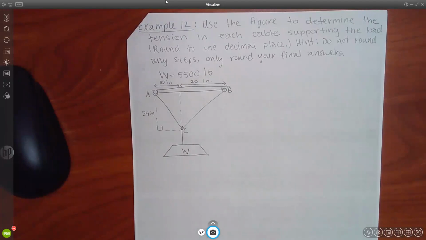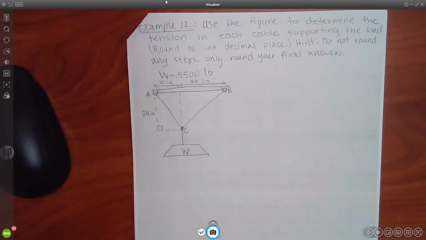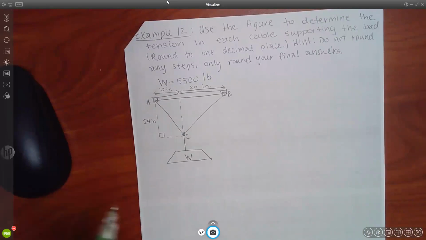Okay. So for example 12, this one I am going to try my hardest to break it down and explain it so that you can see all the pieces and where they all go, okay? I had to do it 10 million times so I can figure out how I'm going to explain this. Because when I looked at the solution, there's a video to this problem and the dude was just like, oh, it's this and then it's this. And I'm like, what? Where did that come from?